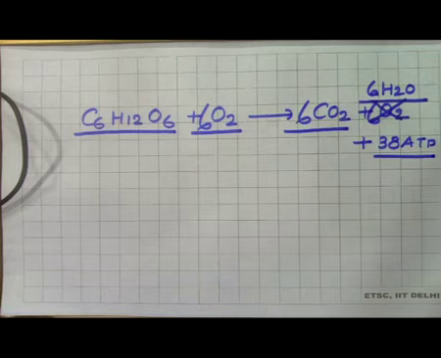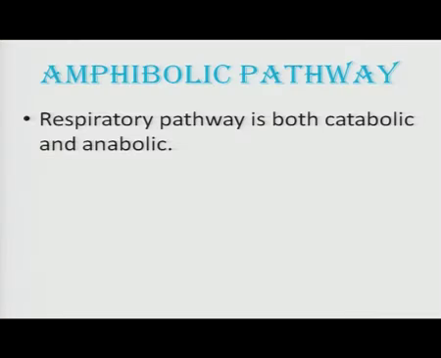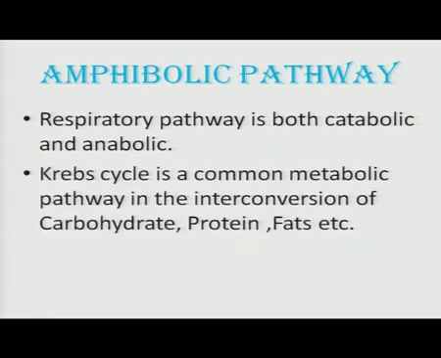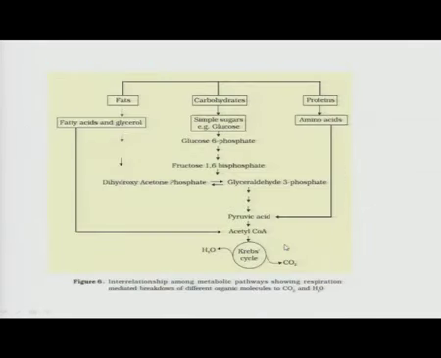It is also called an amphibolic pathway, because in respiration both catabolic and anabolic processes are there. The Krebs cycle is the common metabolic pathway in the interconversion of carbohydrate, protein and fat. We have discussed this in another slide.